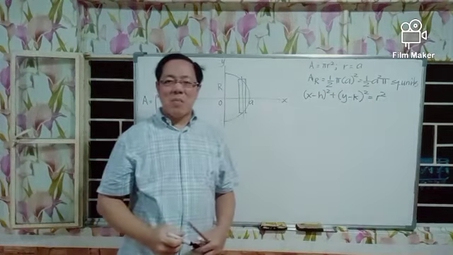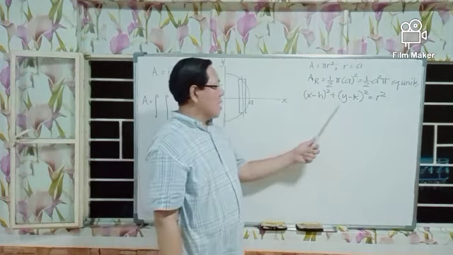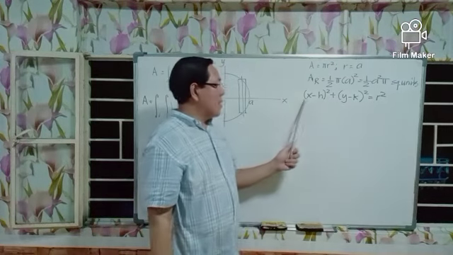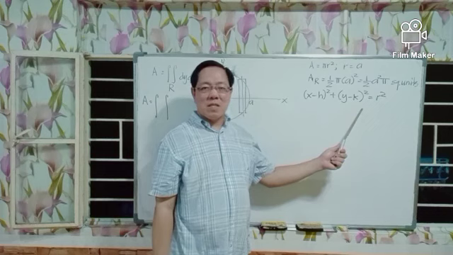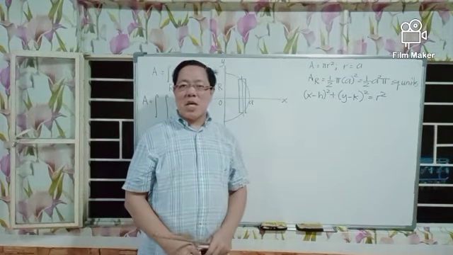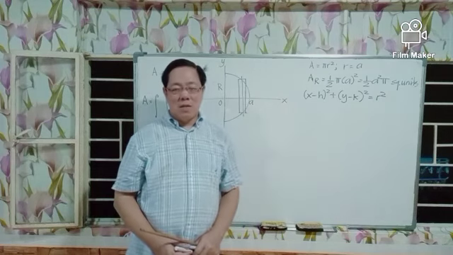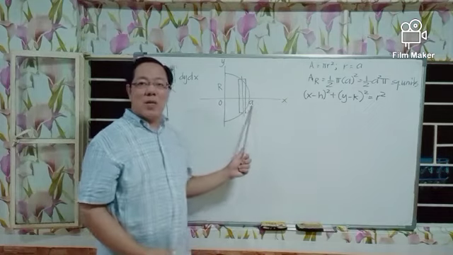From your analytic geometry course, the equation of a circle with center at the point h, k and radius r is given by this form. This is called the center-radius form of the equation of a circle. In our example, the center h, k is the point 0, 0 or the origin, and the radius r is equal to a units.